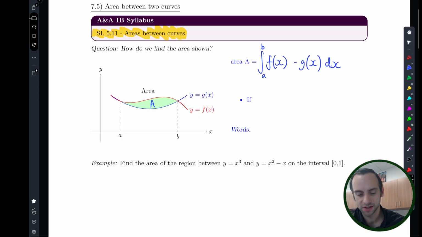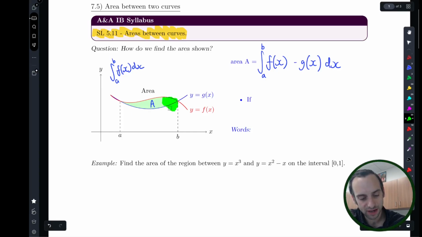Okay? Now why is that so? What if I thought about the integral from a to b of f of x dx? Well, that would give me the area under the red function all the way to the x-axis. So that's what I roughly shaded in green there.